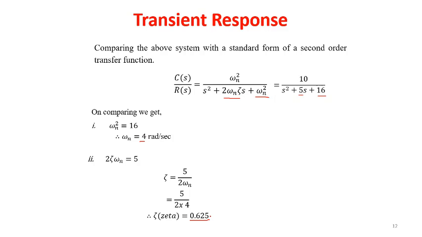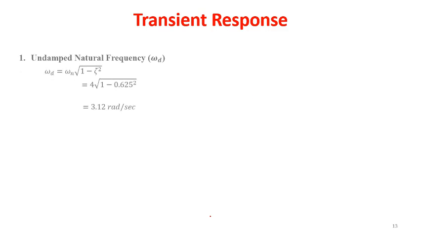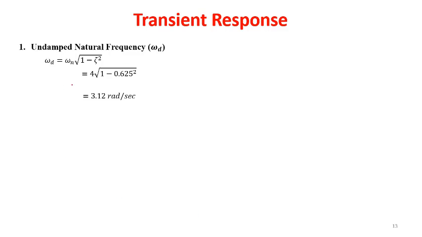Using these two values, omega n and zeta, we are able to find the damped natural frequency, which is omega d. Omega d is given as omega n into root of 1 minus zeta square.